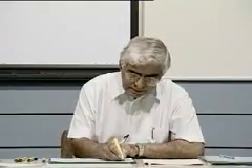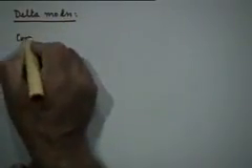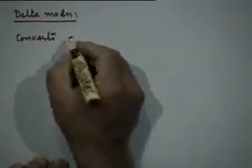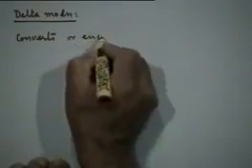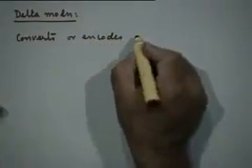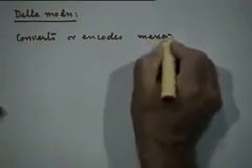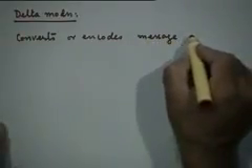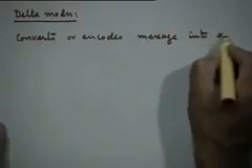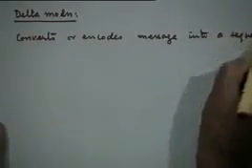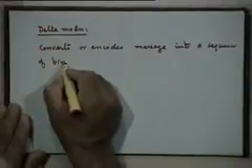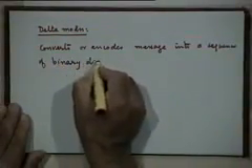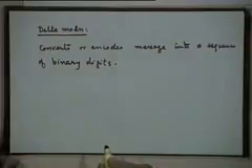So delta modulator essentially converts, or you can say encodes, any message signal into binary form, into a sequence of binary digits, or binary symbols, whatever you like to call it.